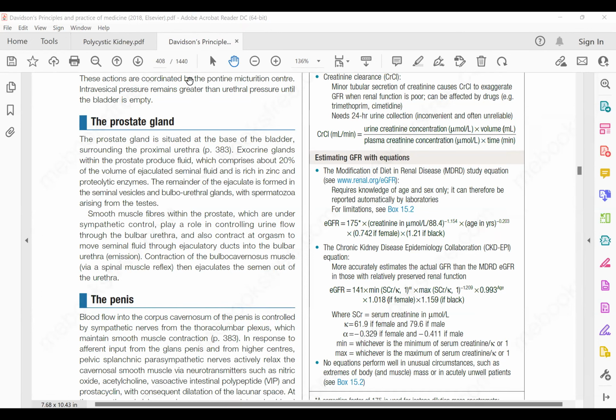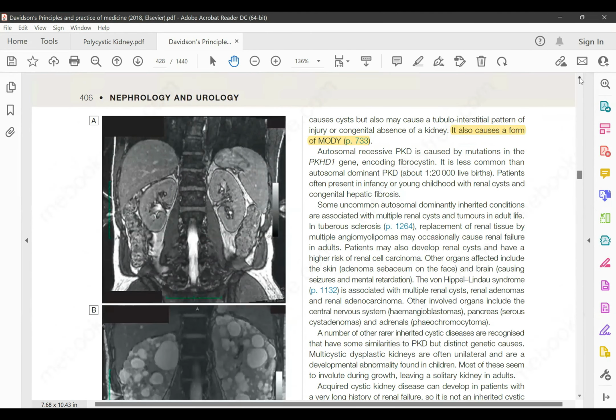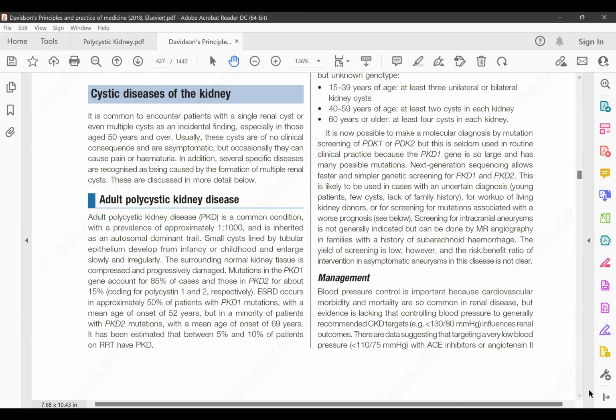Okay. Now, you see here, you have said there can be cysts in the pancreas that can lead to what is called MODY, the maturity onset diabetes of the young. It could be a MODY type of diabetes also. All other things are what you have said.